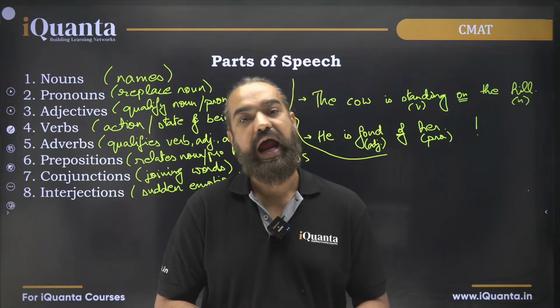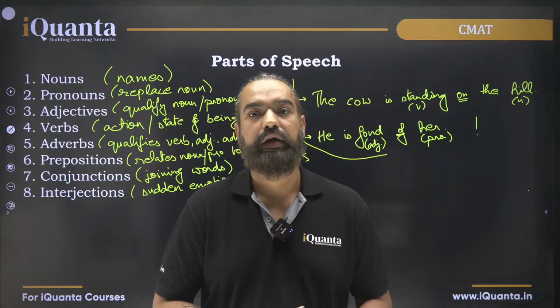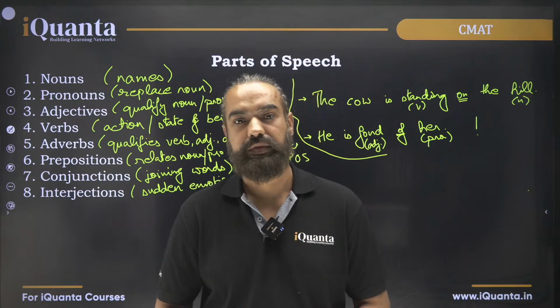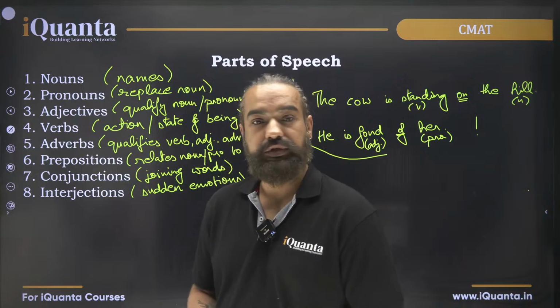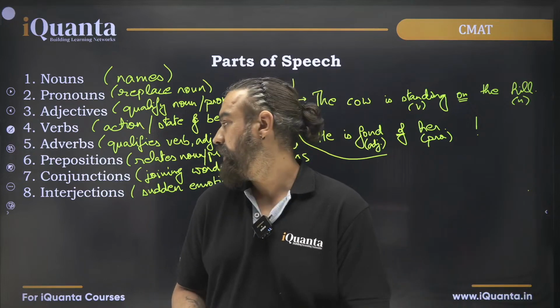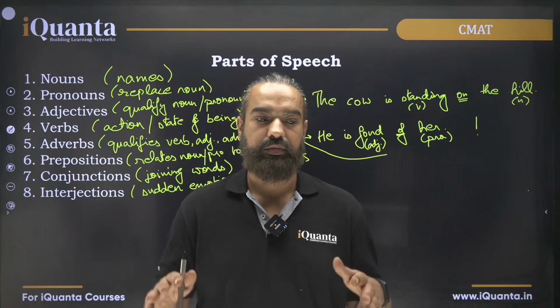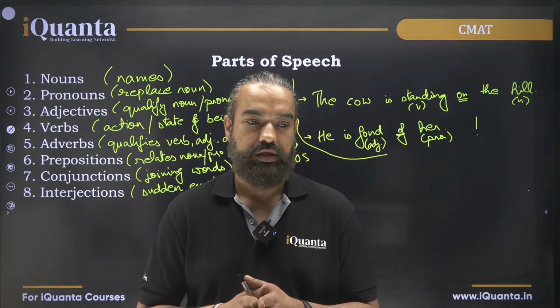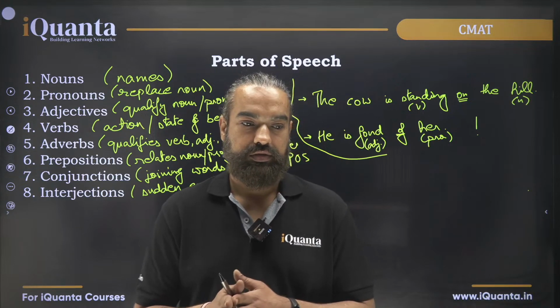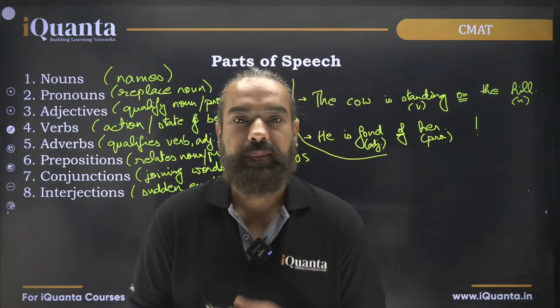Fifth is adverb, which talks about a verb, another adjective or another adverb. Sixth is preposition, relationship between a noun or a pronoun and any other part of speech. Conjunctions are joining words. Interjections are sudden emotions. Alright, clear?